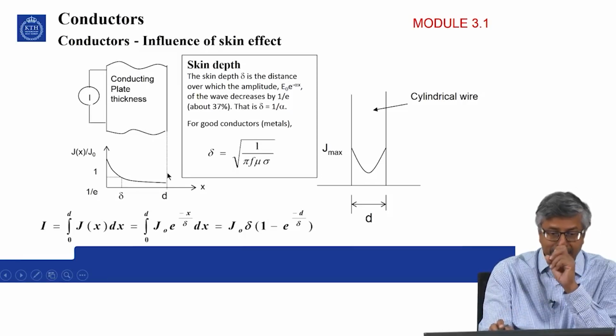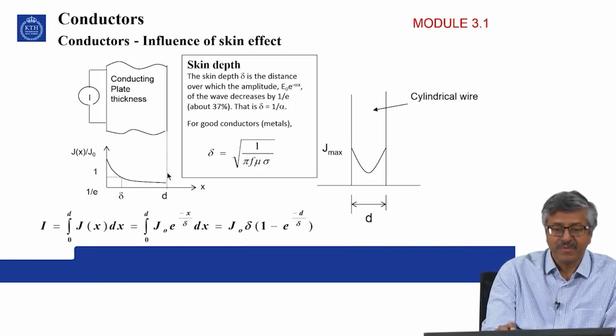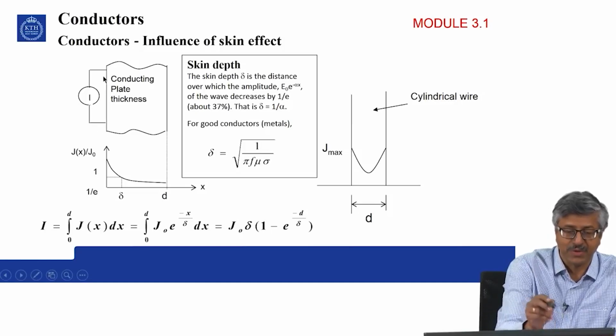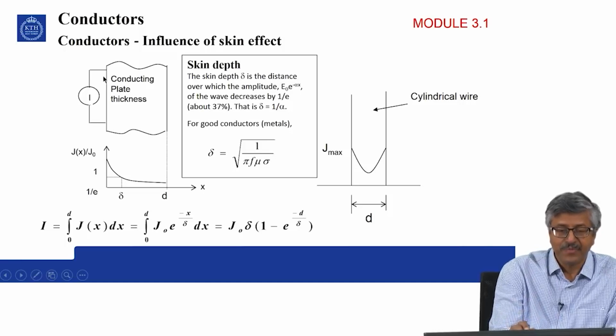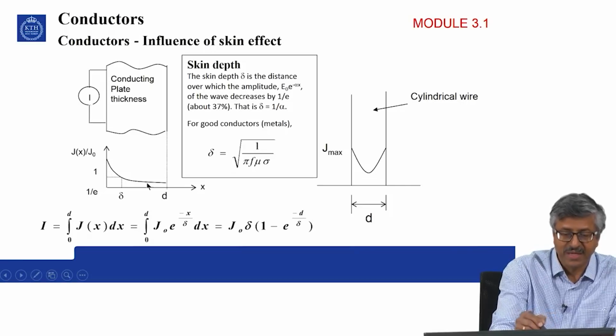But what happens when conductors are subjected to high frequency, when a high frequency current is passing through this, then the magnetic fields tend to crowd or the currents tend to crowd along the surface of the conductor. So, you have maximum current density along the surface and the current density is reducing as you go deeper into the conductor.